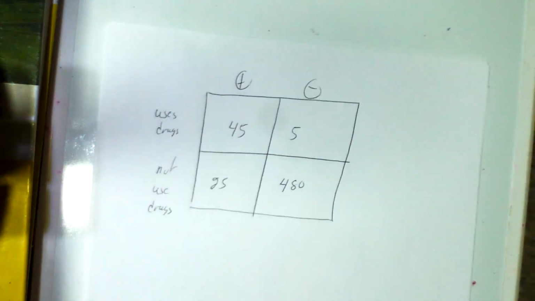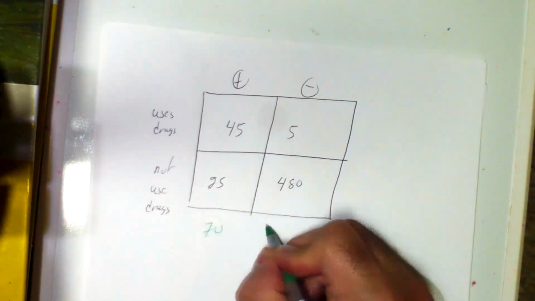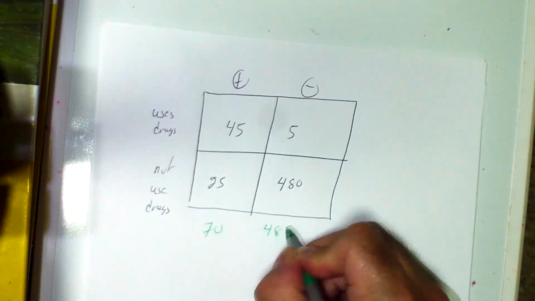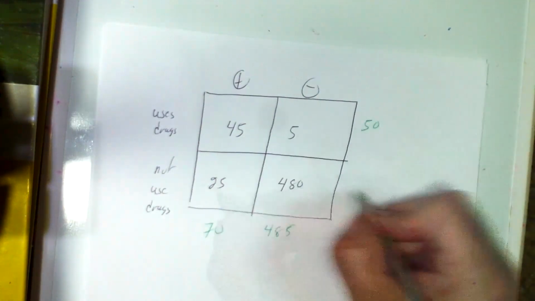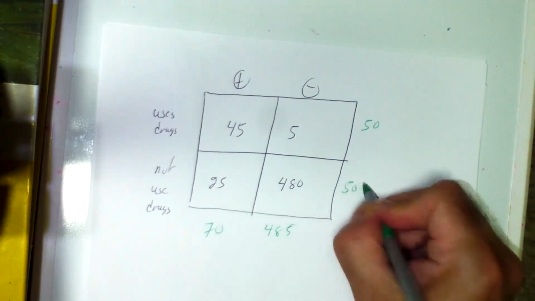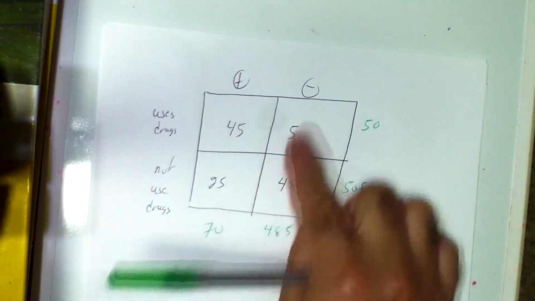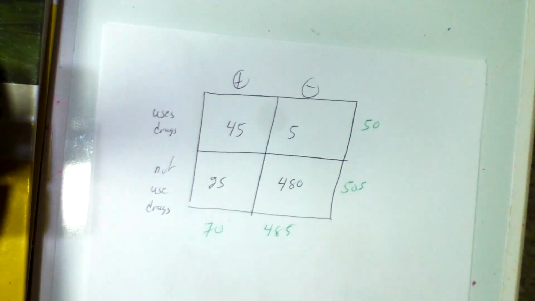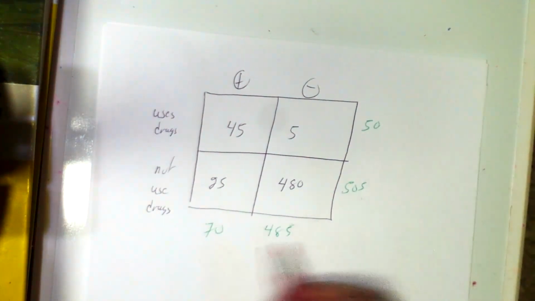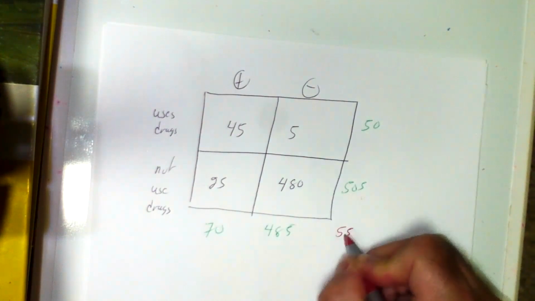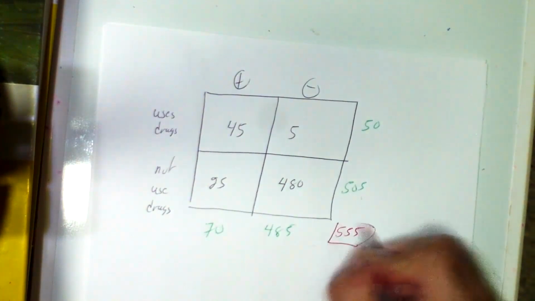All right, I'm going to do my subtotals. This is 70. This is 45. This is 50. Add. So grand total, either you add that or you add that, they're supposed to end up the same: 555, right?